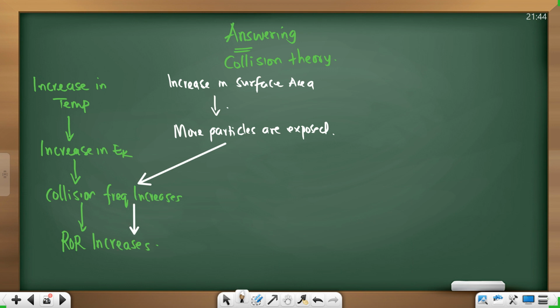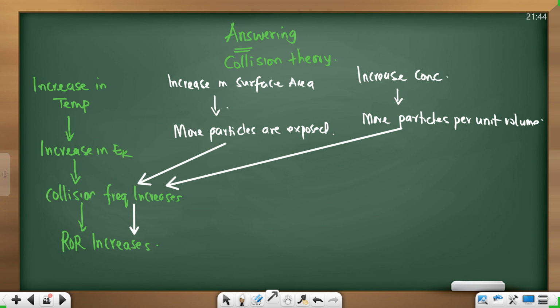Number 3, if we increase concentration, what happens? There are more particles per unit volume. What happens after that? Collision frequency increases, rate of reaction increases.